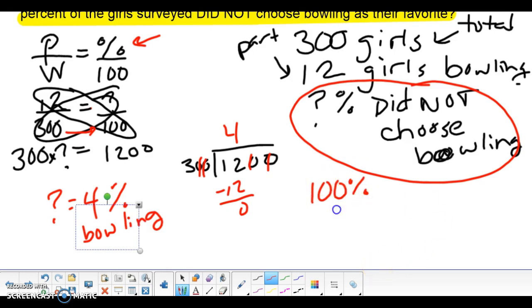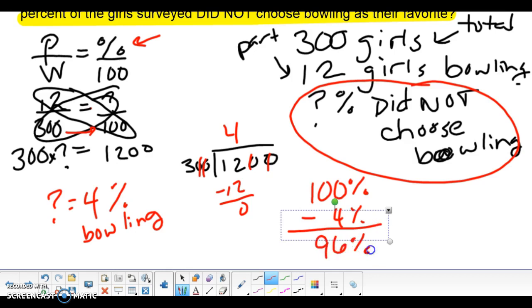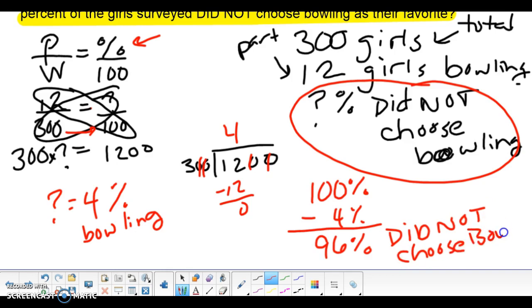I know that 4% chose bowling. So to find the ones that didn't, we just simply subtract. And that gives me 96%. So 96% did not choose bowling.